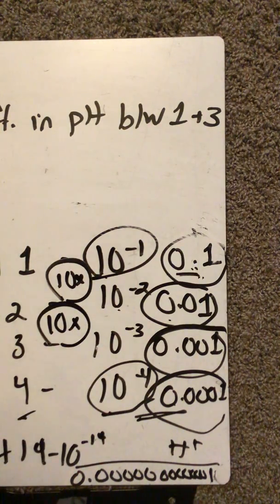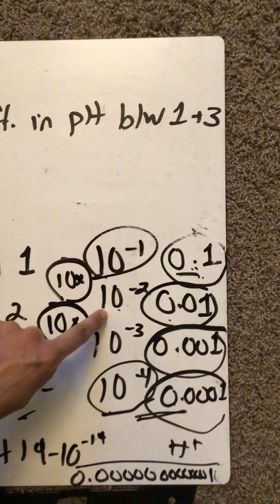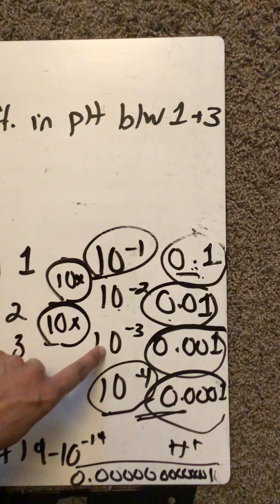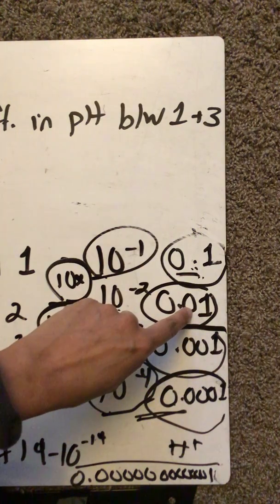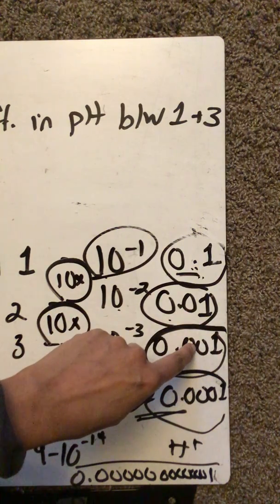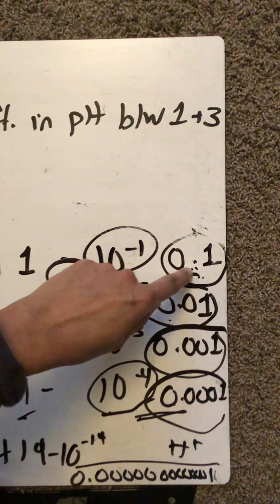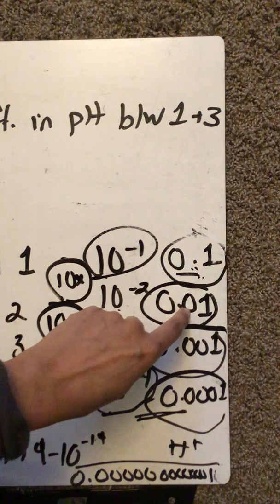So 10 to the negative 2 is 10 times stronger than 10 to the negative 3. You can see that 0.1 is 10 times more than 0.01, and 0.01 is 10 times more than 0.001.